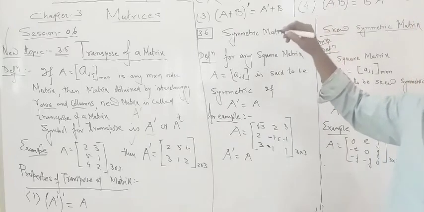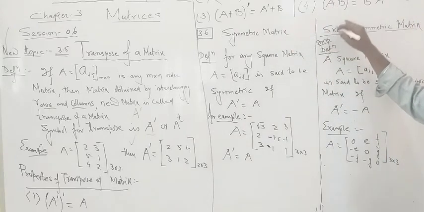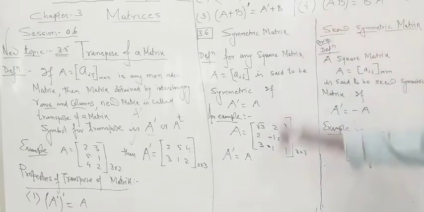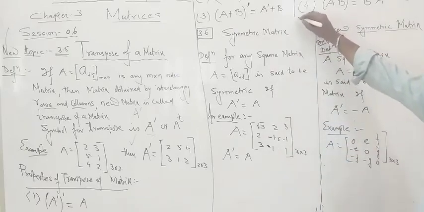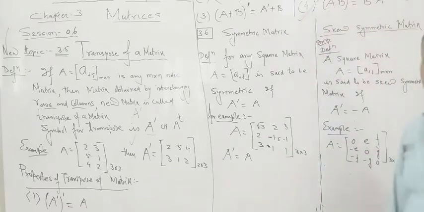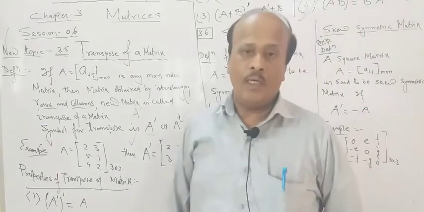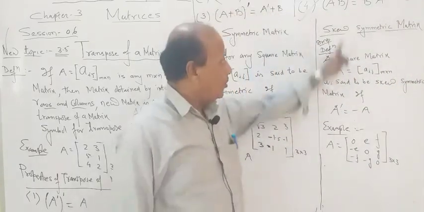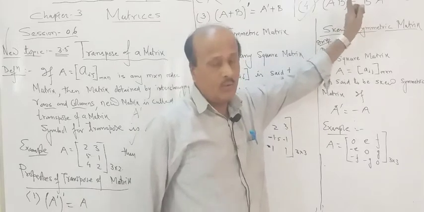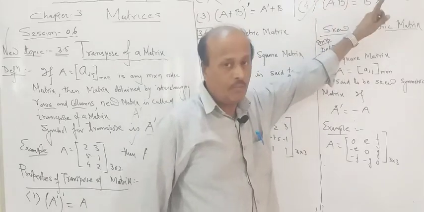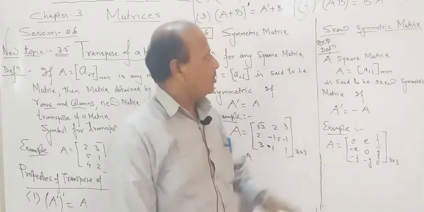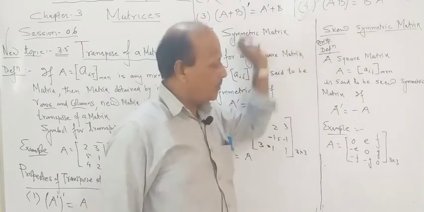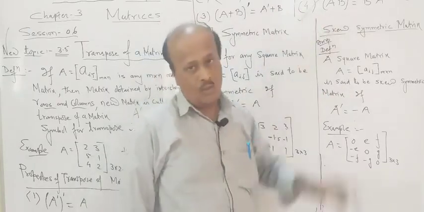They ask you to prove it. Last year also there was a question, or some modified form of it. So once more, what is property number 4? (AB) dash, the transpose of A into B, is equal to not A dash into B dash but B dash into A dash. So remember this property. Out of these four properties, the fourth one is most important.